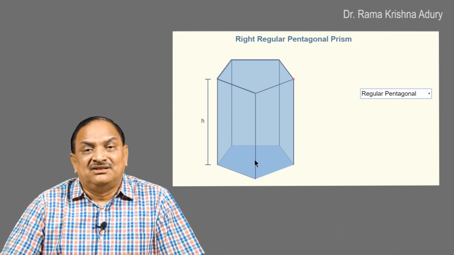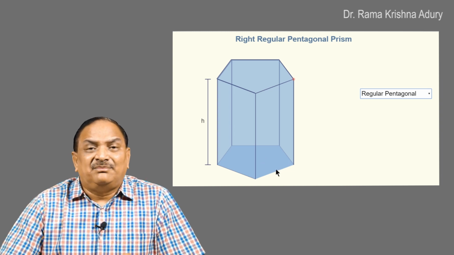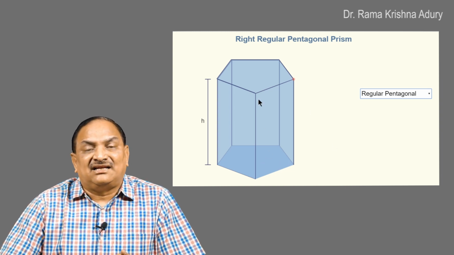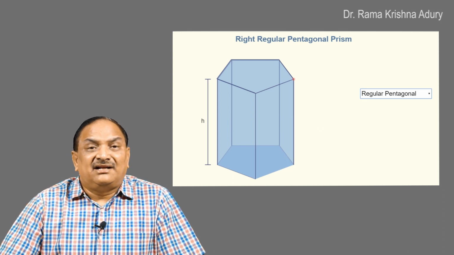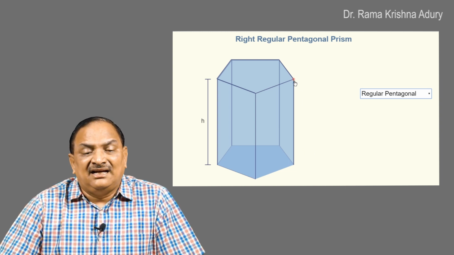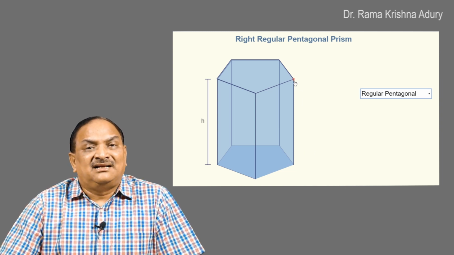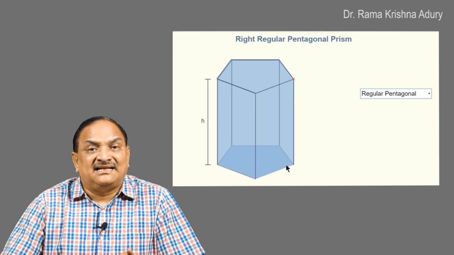There are 2 pentagons. So base area, whatever you have, you double it, and that must be added to the lateral surface area. Lateral surface area, how do you get? Perimeter of the base times the vertical height here. We are not taking an oblique pentagonal prism. We are talking about only a right one, which means here the angle is 90 degrees.